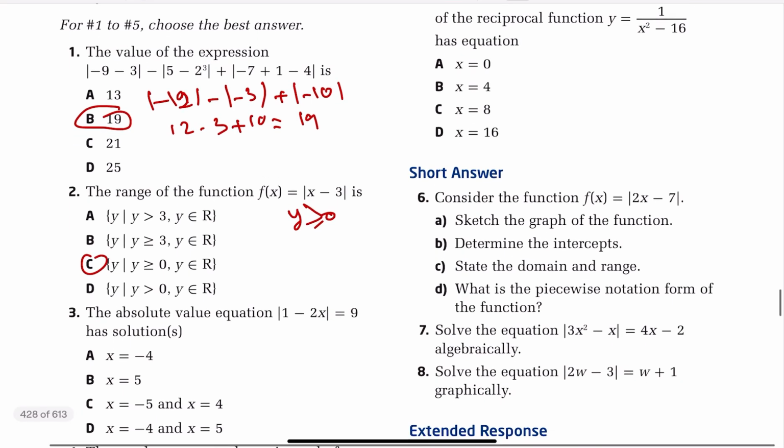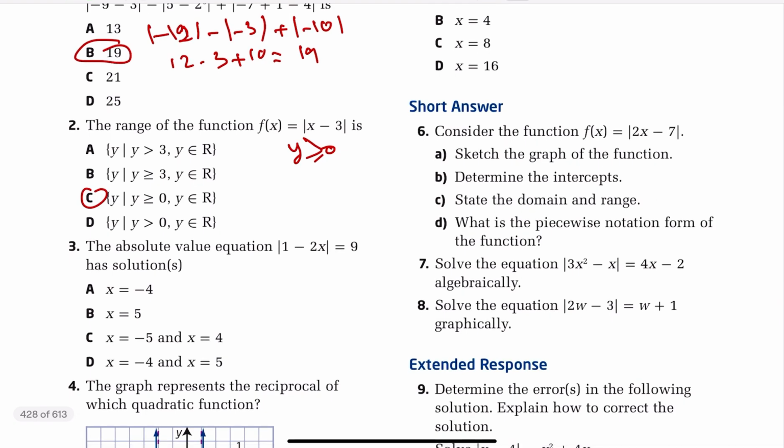So question 3, the absolute value equation, the absolute value of 1 minus 2x equals 9. We can solve this in two cases. Case 1, we just remove the absolute value.